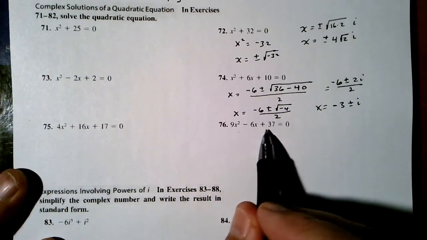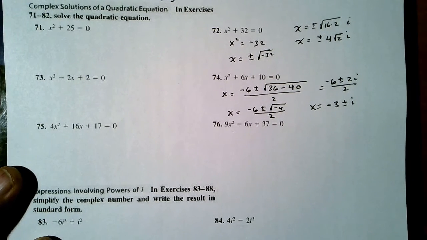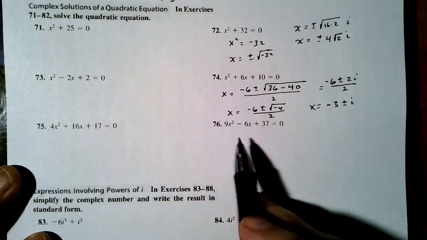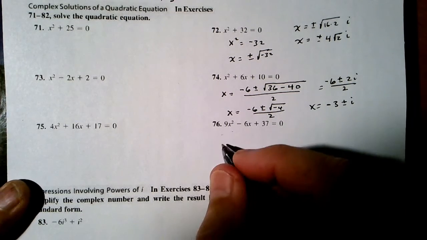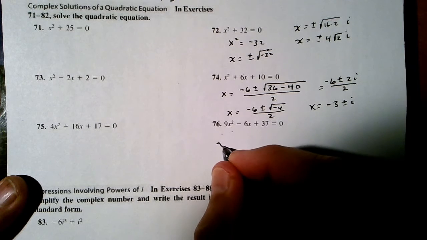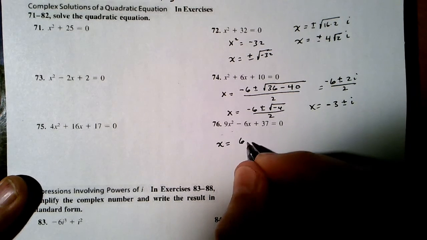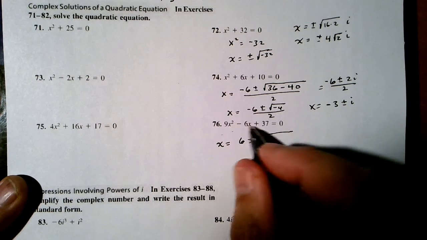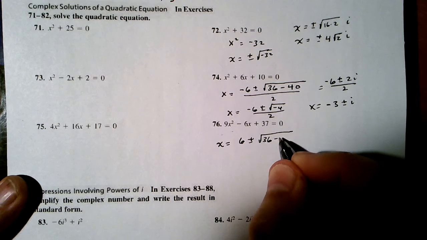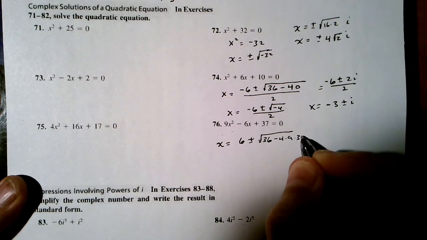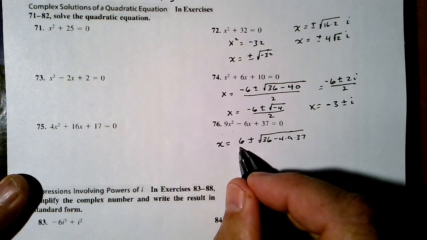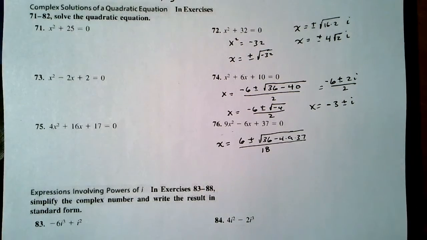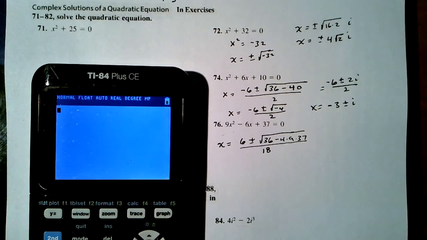Okay. I'll tell you what, I would go quadratic formula before I'd try to factor this thing anyway, but I suspect there's going to be i's in the answer, which is a dead giveaway that it's not going to factor. So here we go. x equals the opposite of b, 6, plus or minus the square root of b squared, 36, minus 4 times 9 times 37, all on 2a, all on 18, and I'm going to most definitely go to the calculator on that.